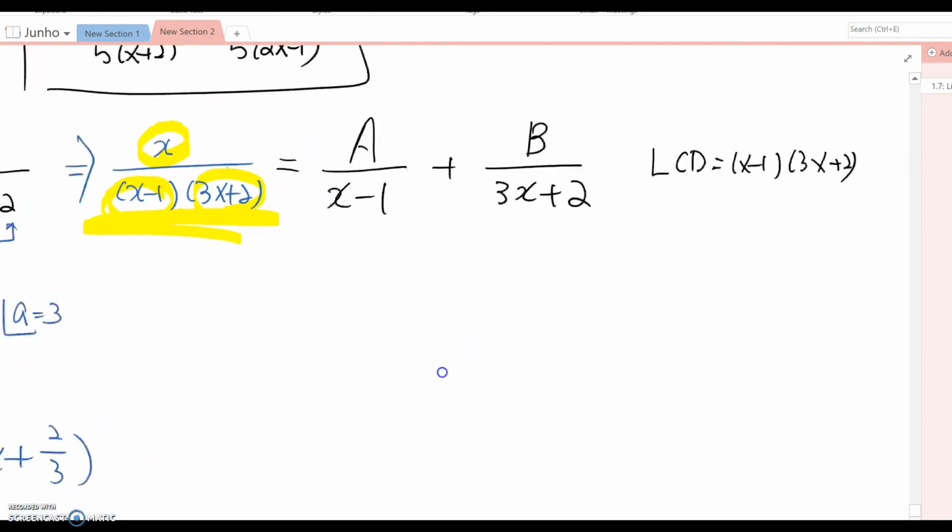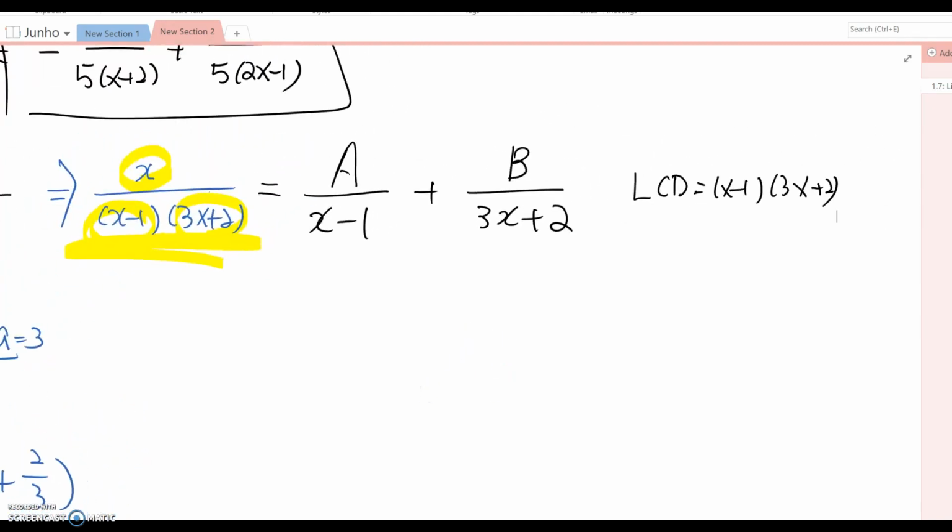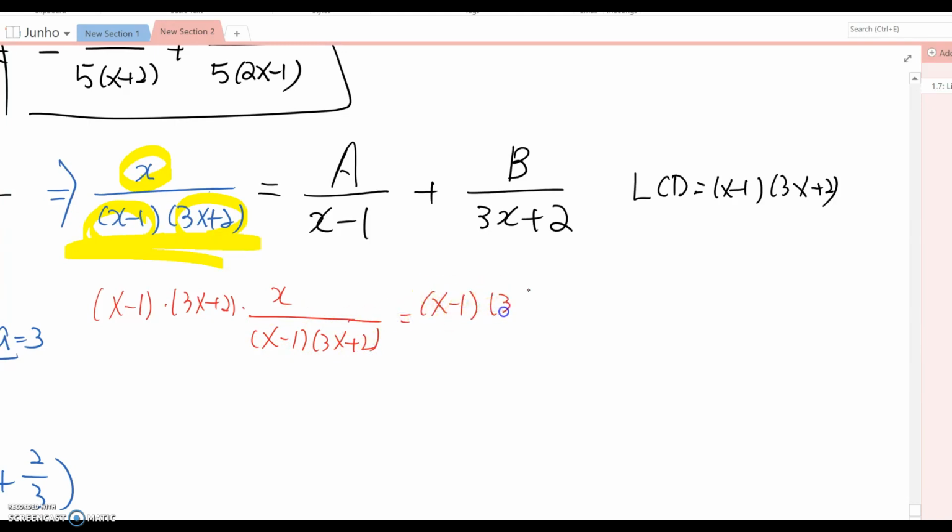Then it's going to be x minus 1 times 3x plus 2 times x over x minus 1, 3x plus 2, that equals x minus 1 times 3x plus 2 times a over x minus 1 plus x minus 1 times 3x plus 2 times b over 3x plus 2.